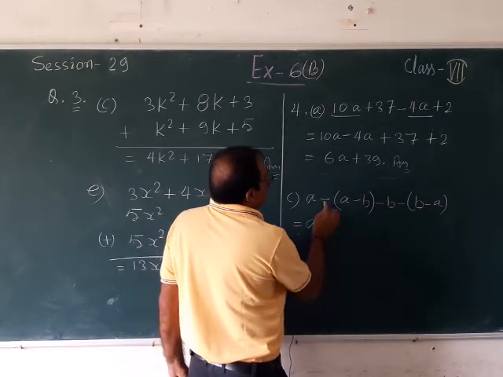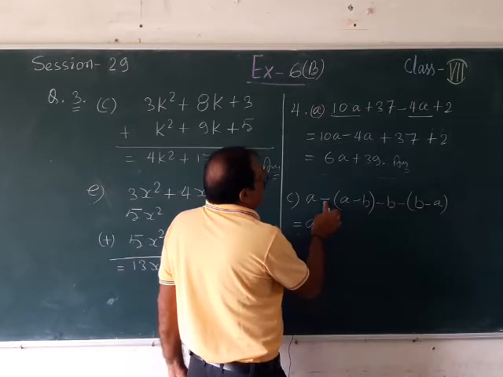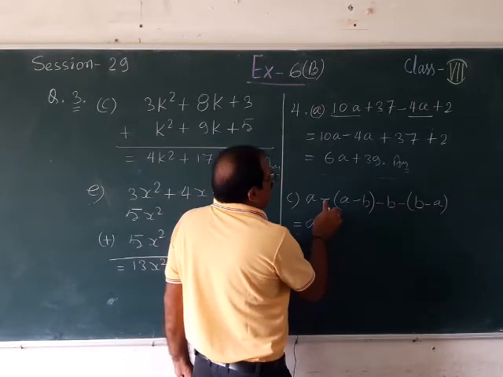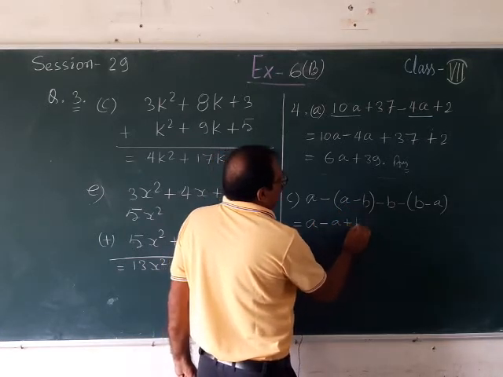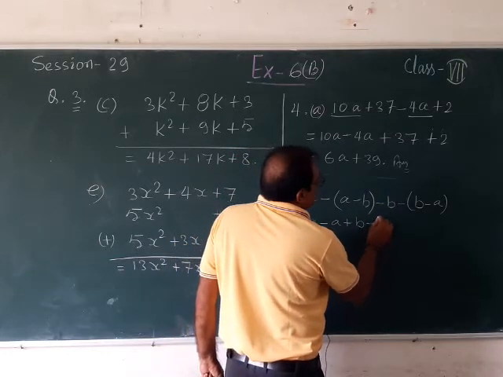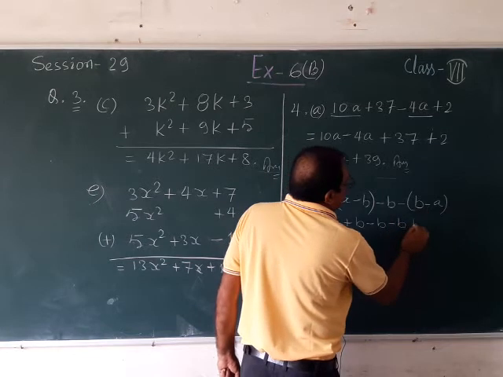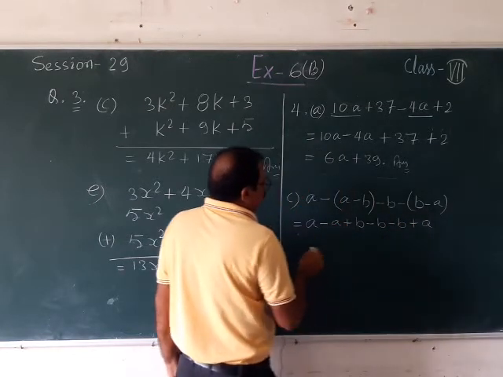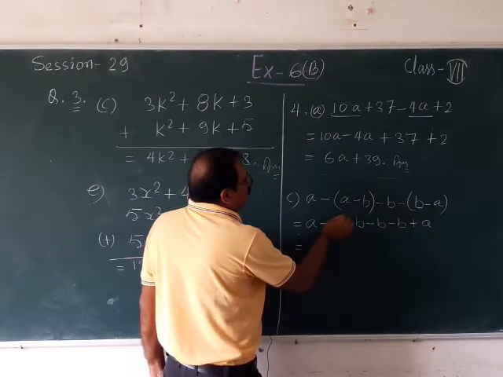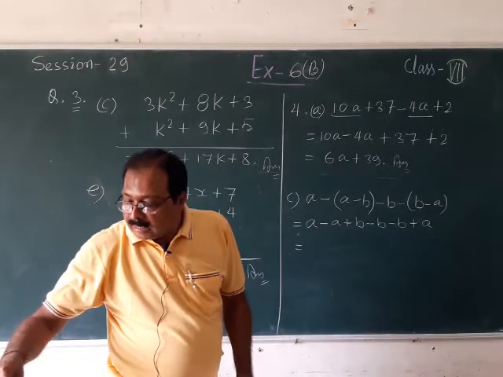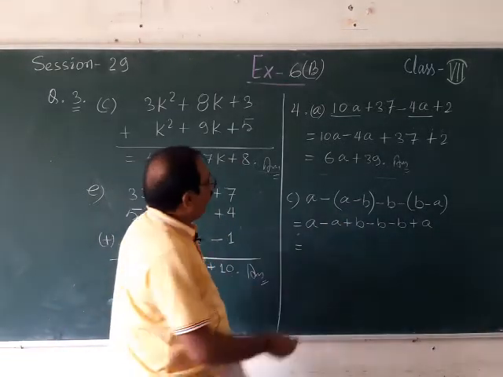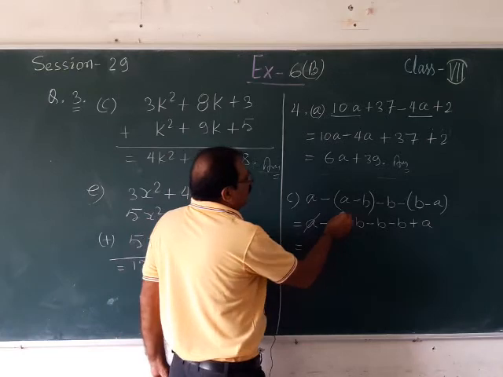Here I am writing a. Now compare the sign: minus a, and minus becomes plus a. Then here it is minus b, then again minus b, and minus and minus becomes plus. Now you need to check that plus a and minus a can be cancelled. That means this is positive and this is negative.